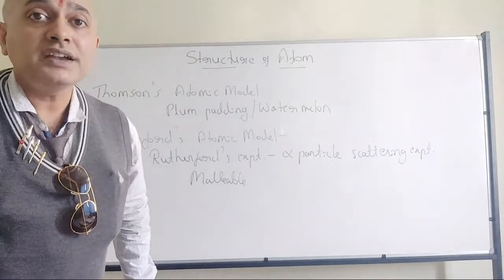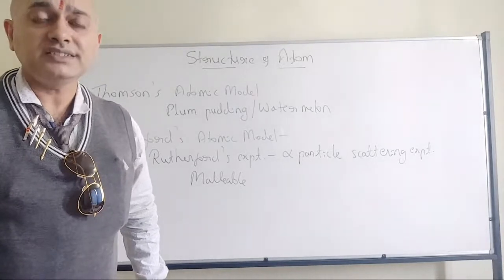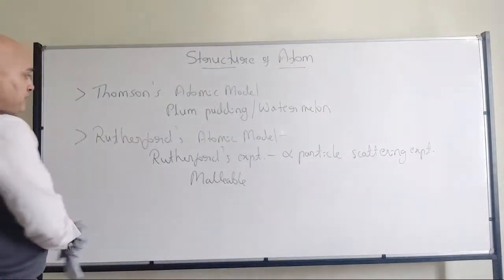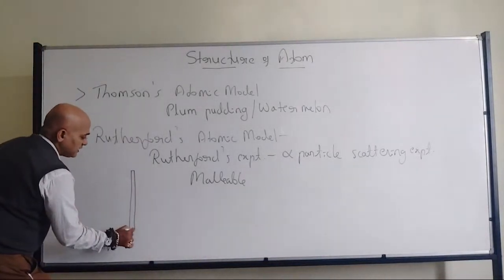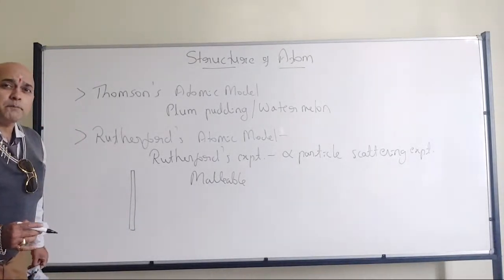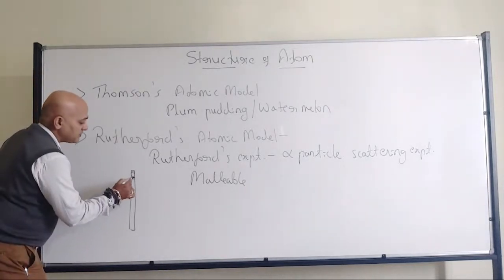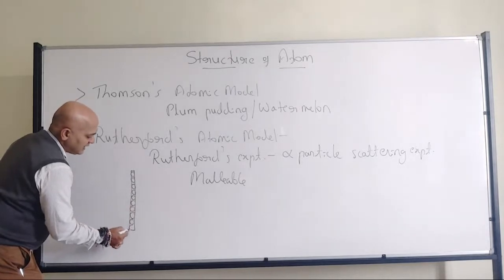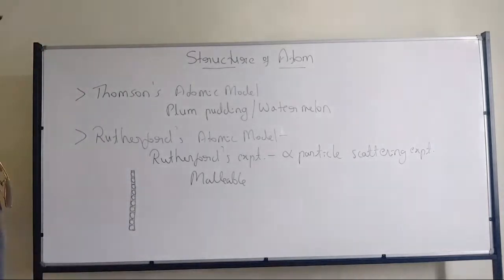Why did we want malleable? Because Rutherford wanted a thin sheet, of a thickness of approximately one atom in one layer. Therefore he chose gold.